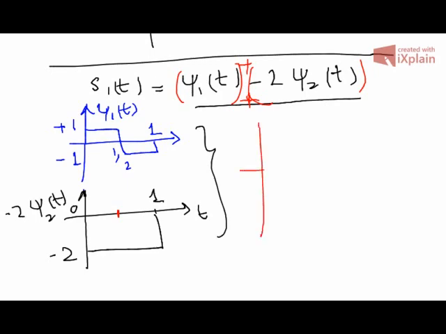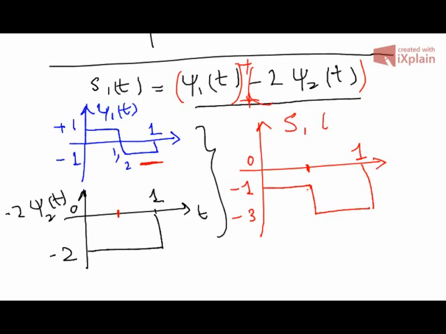So 1 and minus 2, you will get minus 1. Similarly, from half to 1, this one is minus 1 and this is minus 2, so you will get minus 3. And this is our signal S1 of t, which can be constructed by the addition of these two waveforms.